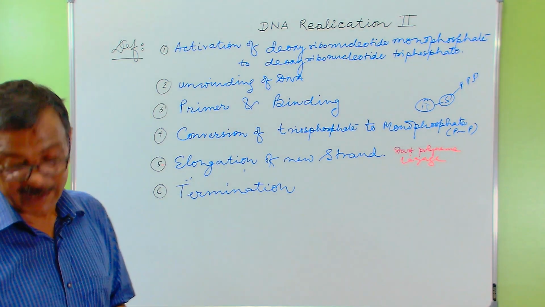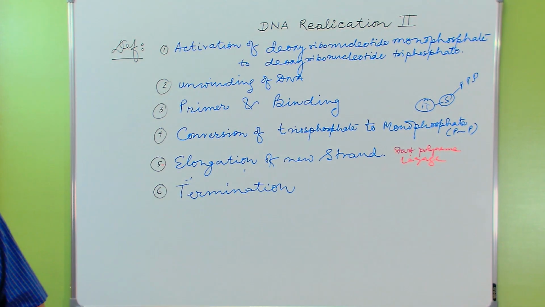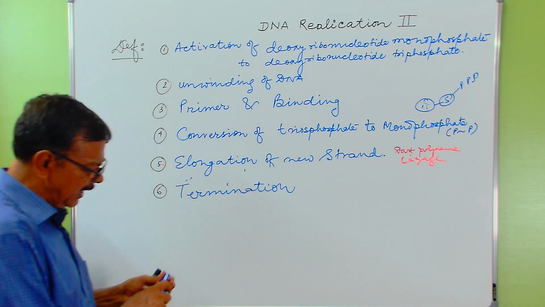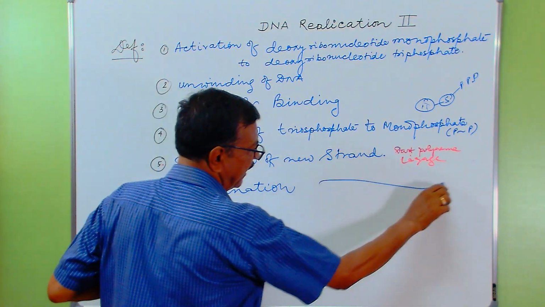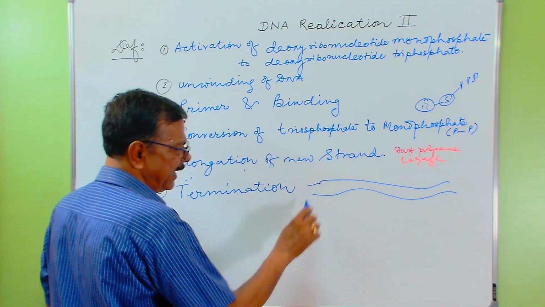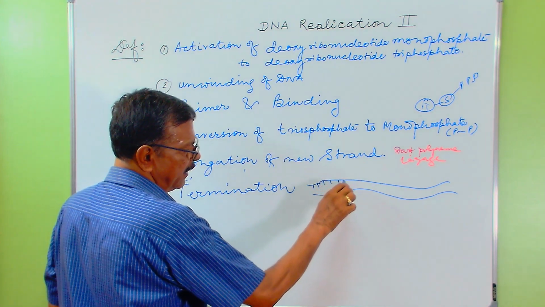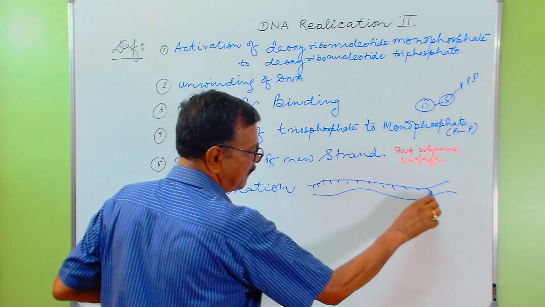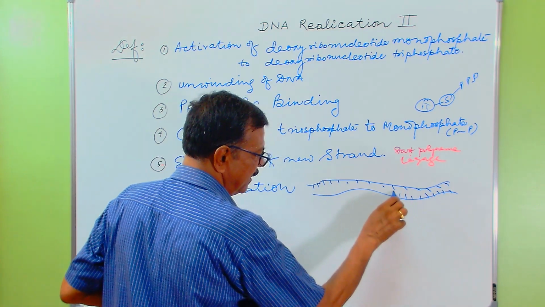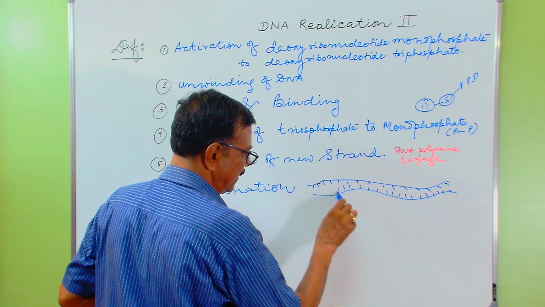Somehow it has to terminate. Termination is done throughout the entire length of the chromosome. Throughout the entire length of the chromosome, the new strand has been formed and it terminates the replication.